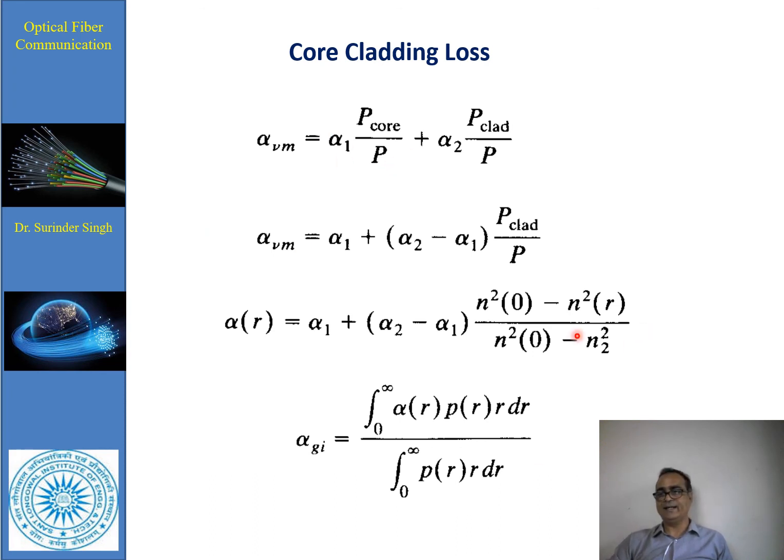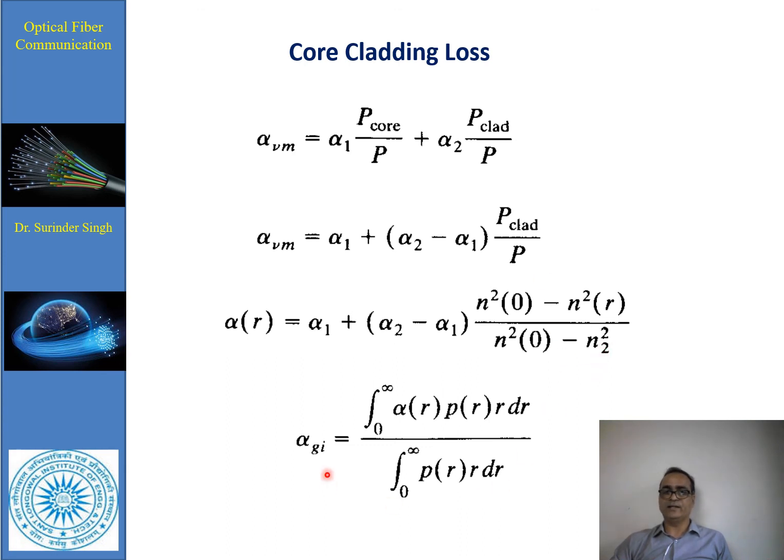For graded index fiber, both the attenuation coefficient and the mode power are functions of the radial coordinate at a distance r. All the other factors are the same, but the power in the clad is taken as n squared 0 minus n squared r divided by n squared 0 minus n2 squared. Here n(r) is the refractive index variation for r less than a or r greater than a.